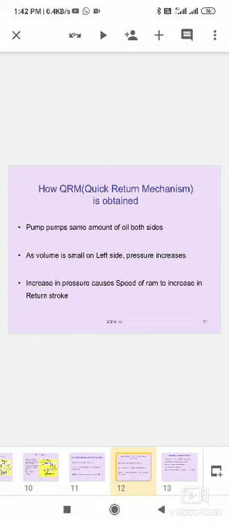In this machine, we observed that the cutting speed of the cutting tool depends on the throttle valve movements.